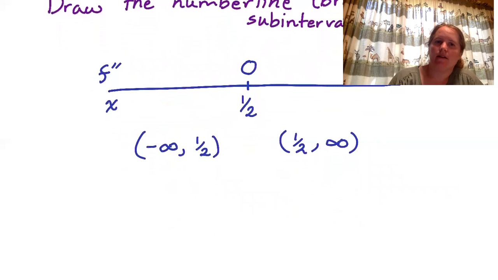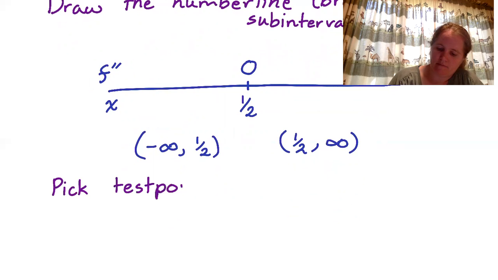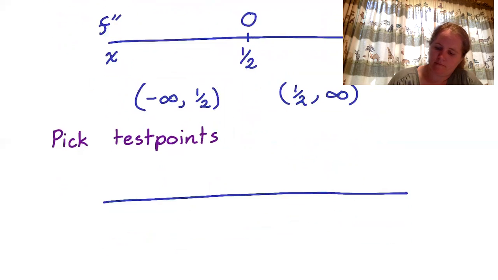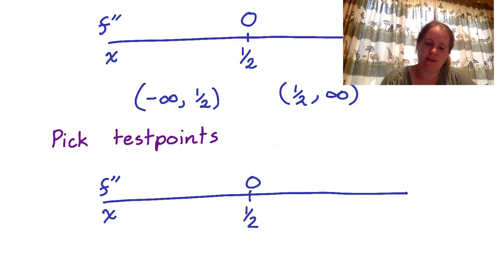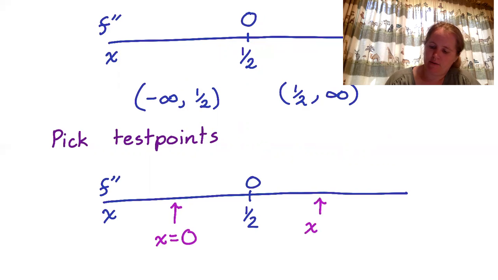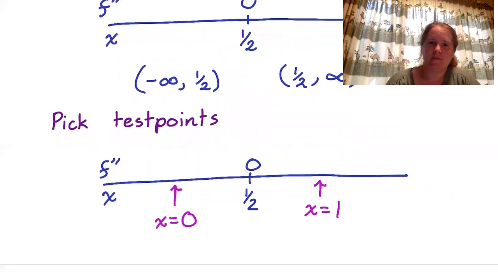Now we're going to go ahead and pick test points. So copying the number line quickly, we have our two subintervals. We'll go ahead and pick, say, x equals 0 on the left side and x equals 1 on the right side.